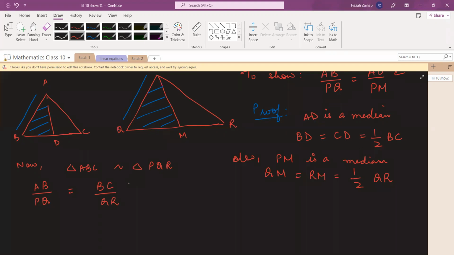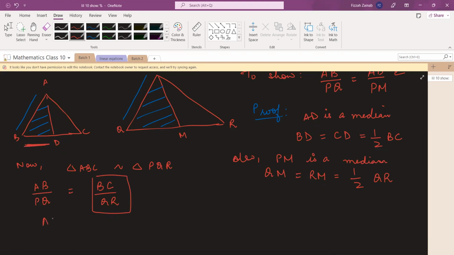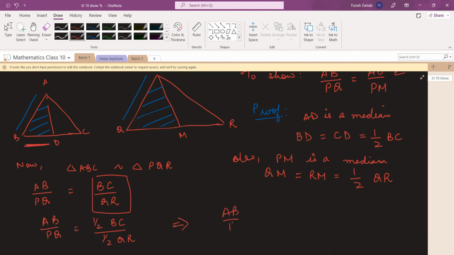So now I'll convert this BC into BD, because I need this much side only. So half BC. Exactly. So I'll divide the numerator and denominator both by half. So this will give me AB by PQ.